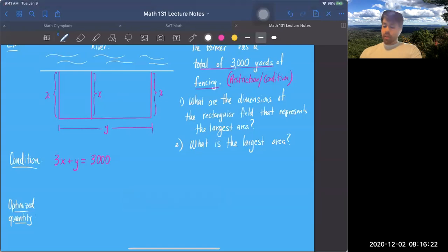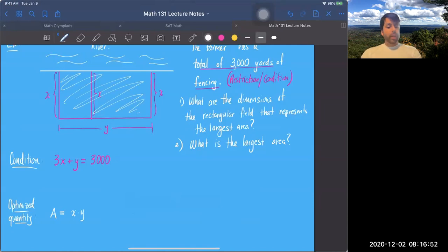So then the area of what? I want to find the area of the whole thing. So how do I represent this whole area? That's the area of a rectangle, which we just discussed last time, right? It's the same kind of similar setup here. It's going to be x times y.